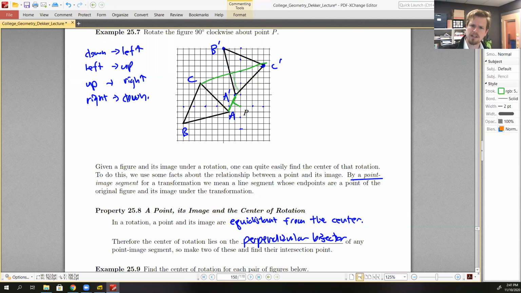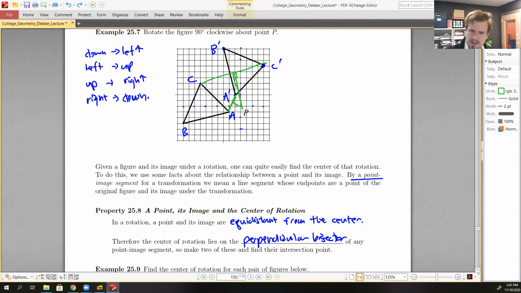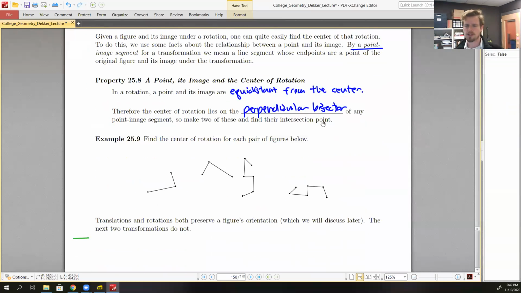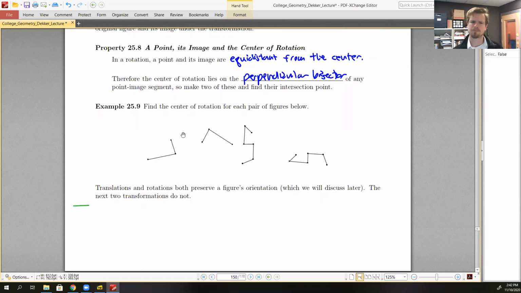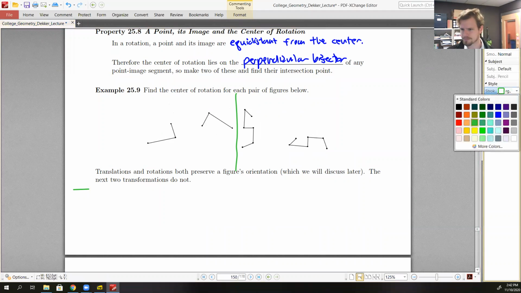So if we were to look at that, bam, perpendicular bisector, and perpendicular bisector. Excellent. So we can look at that in this example. Let's find the center of rotation for these figures. So there's two examples here. Find the center of rotation for this pair and the center of rotation for this pair.